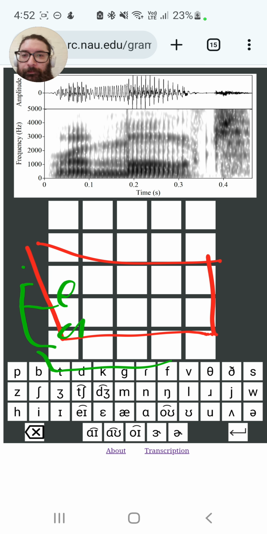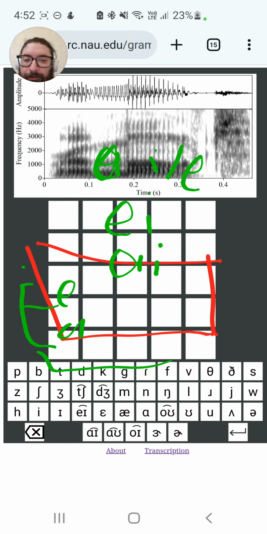And so knowing that this is probably an E or it could be an E, if we're assuming that this is an E, then this has to be an E, and we have A. If we assume that this is an A, we could have I, but there's no I. That's not a diphthong in English.